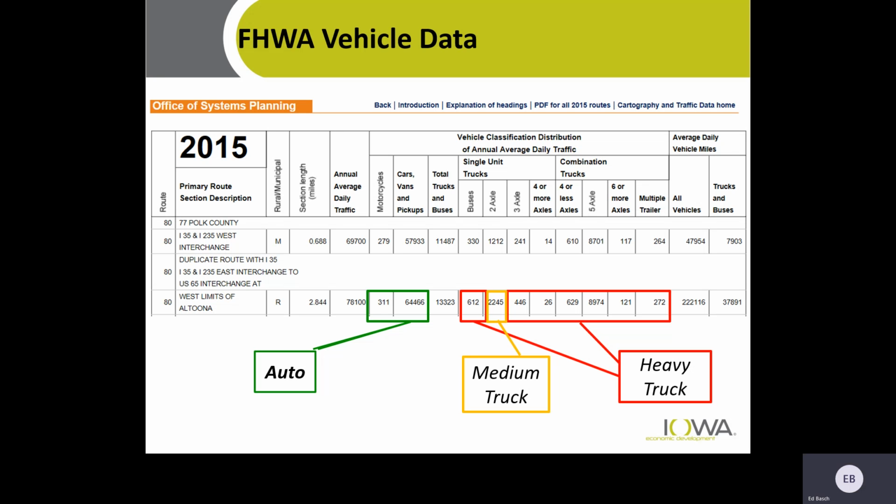That happens to be in Des Moines, so it does have medium truck, heavy truck, and auto all broken out. Some other lesser roads may not, but you will find data to help you on this website.